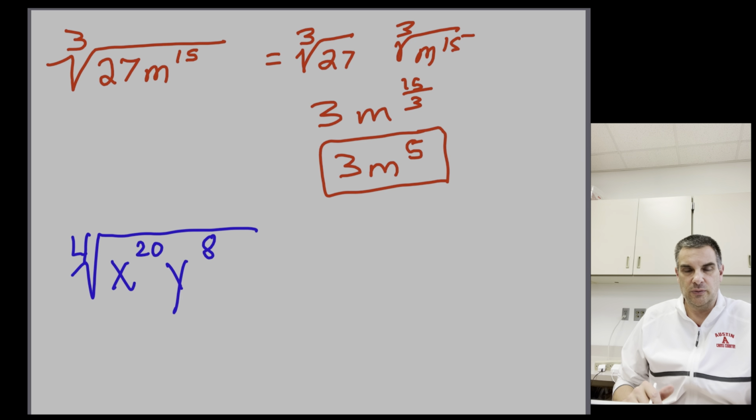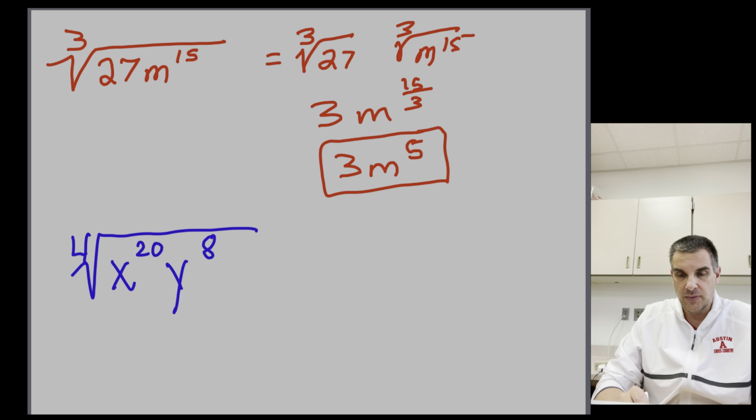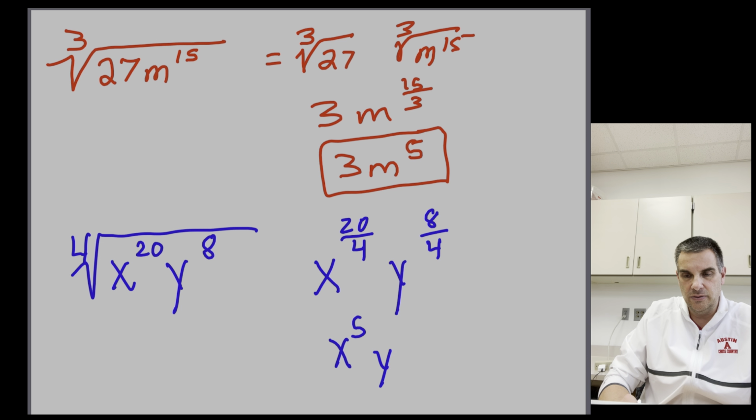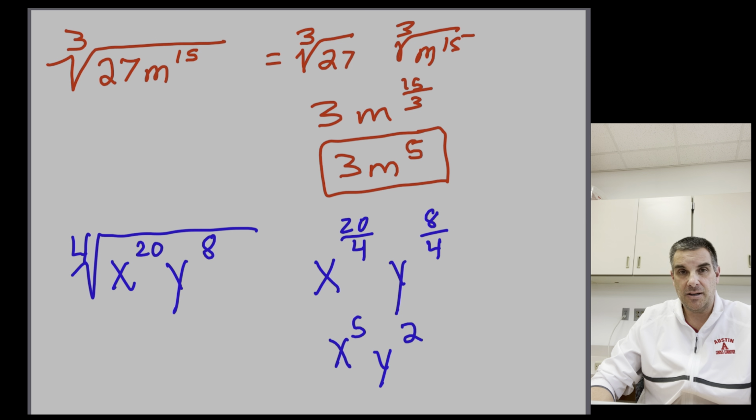Okay, so if I was going to rewrite this, this would be x to the 20 divided by 4 and y to the 8th divided by 4. Just a different way to write them. So this would be x to the 5th, y to the 2nd. And we're done. Nothing left to do with this.